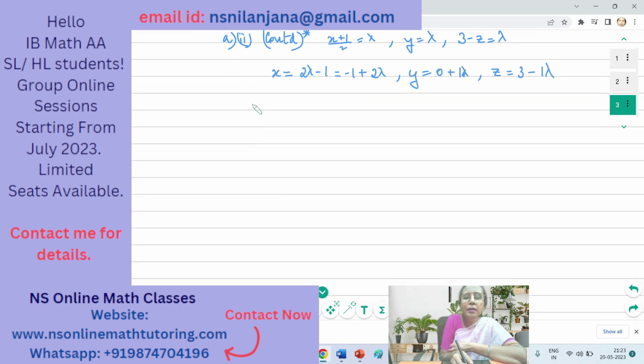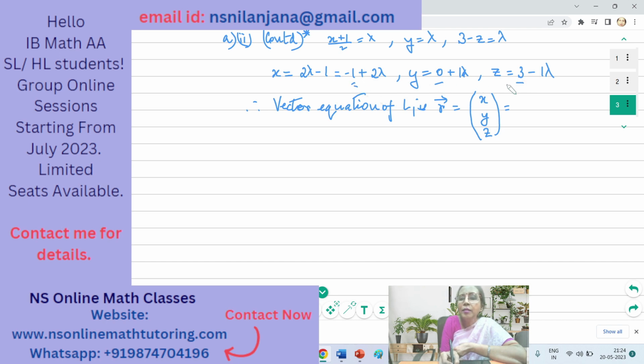Therefore, the vector equation of L1 is r. r is the position vector of any point on the line L1. So this is equal to x, y, and z, which is equal to, we will be taking the numbers first.